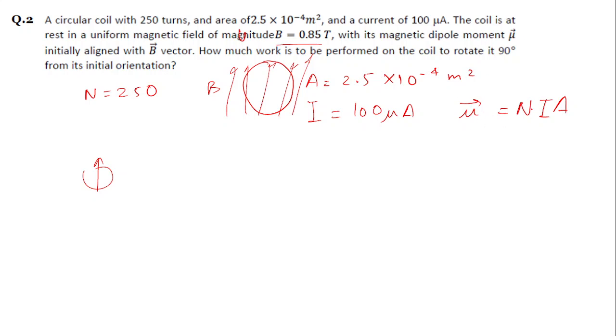As I said, when we have a current carrying loop, it has magnetic moment associated with it. So with this loop, its magnetic dipole moment is mu, which is initially aligned with vector B. So this magnetic field is what they are calling vector B. The magnetic moment of this loop, let's call mu, and this magnetic field B, initially they are aligned.